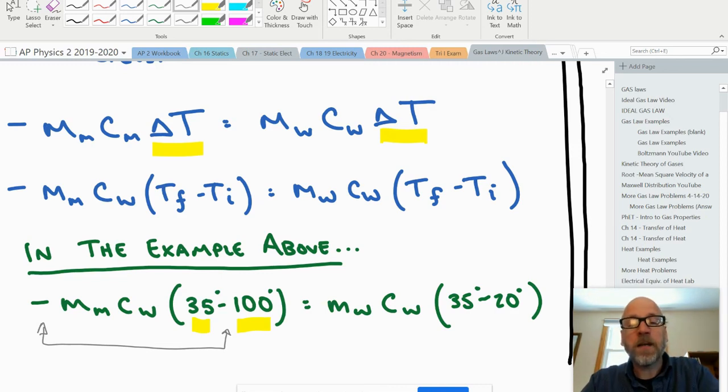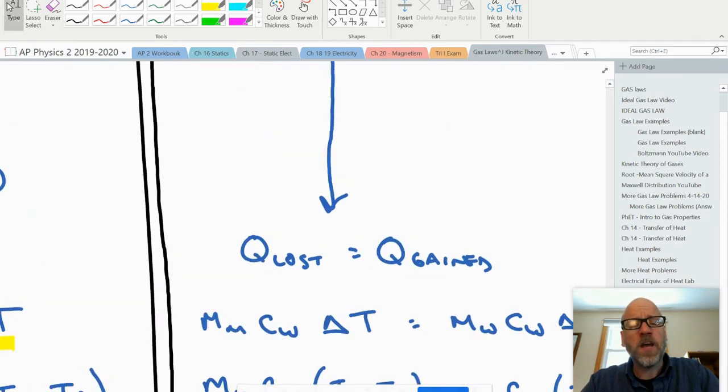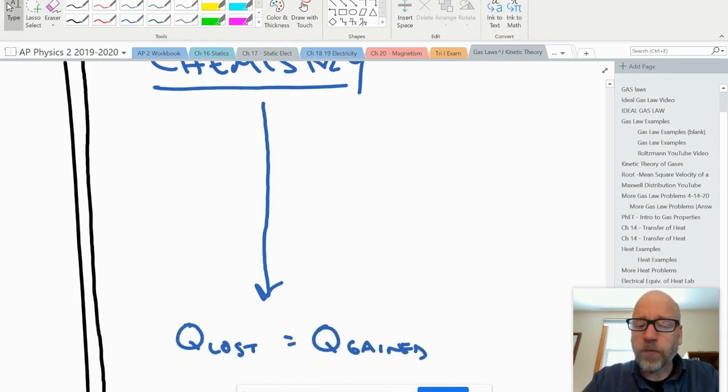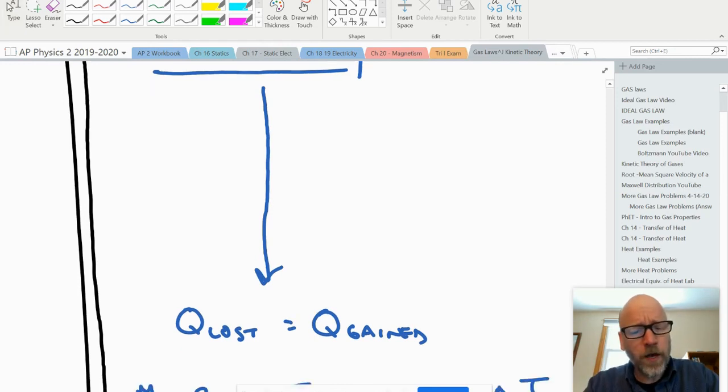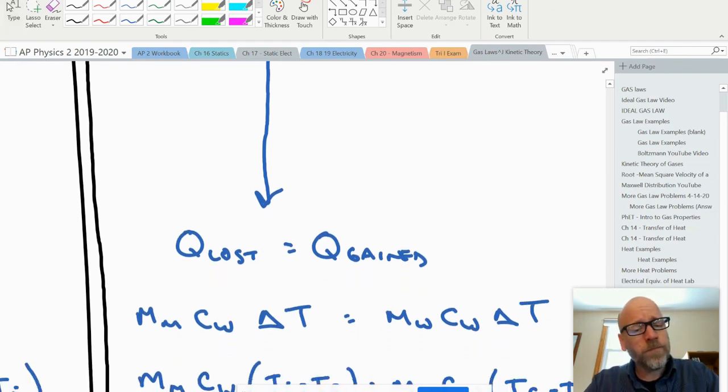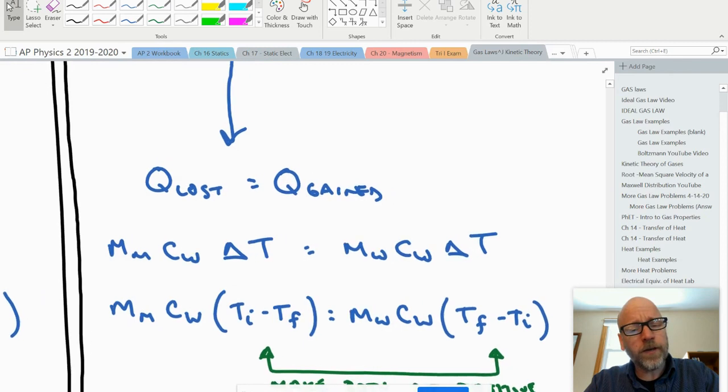Now, in chemistry, you did this. Is this wrong? No, especially not for a sophomore's mind, who gets confused anyways. But let's just look. You jumped right to Q lost equals Q gained. Okay, we'll ignore the signs. MC delta T equals MC delta T. That's cool too. But then this was the trick.